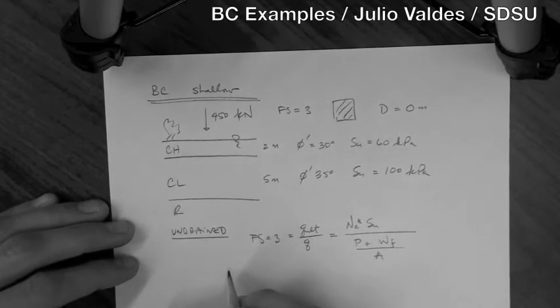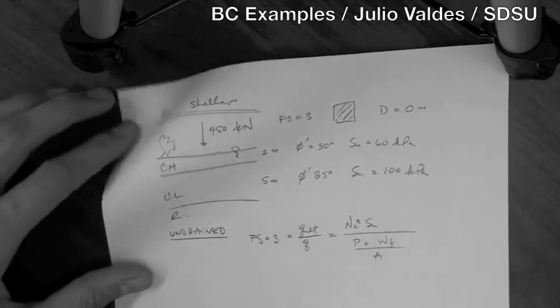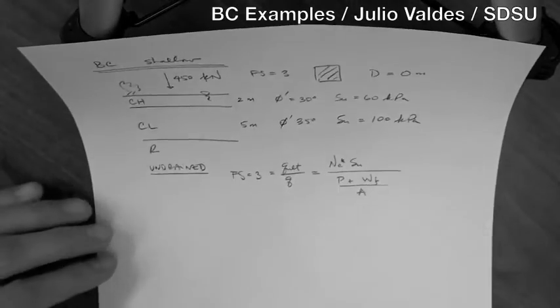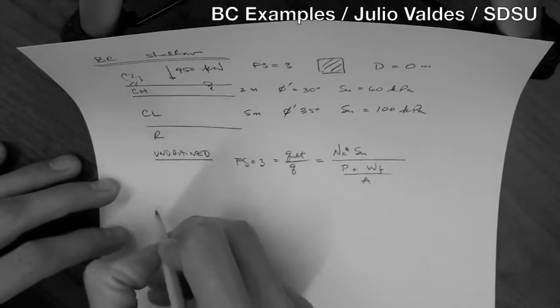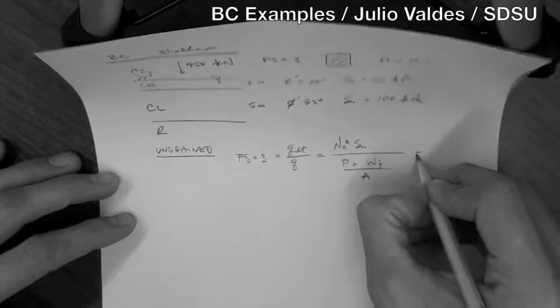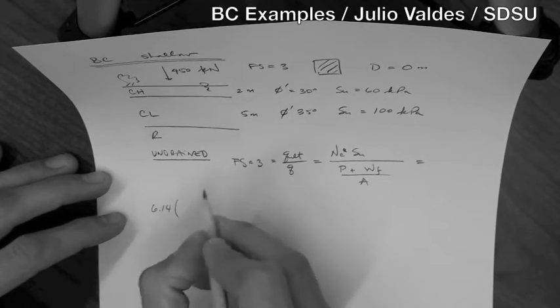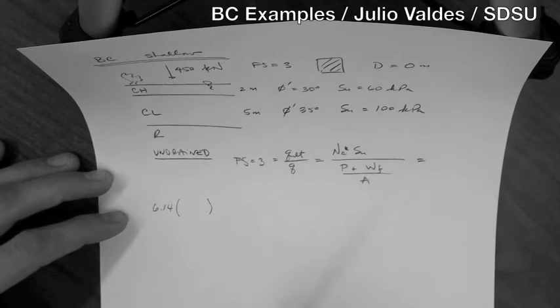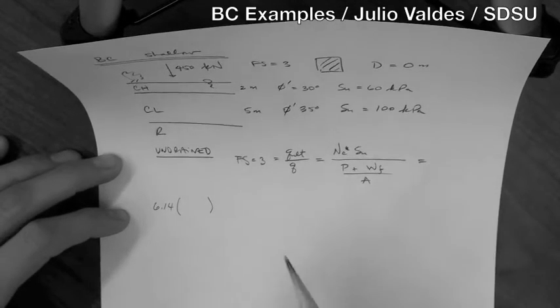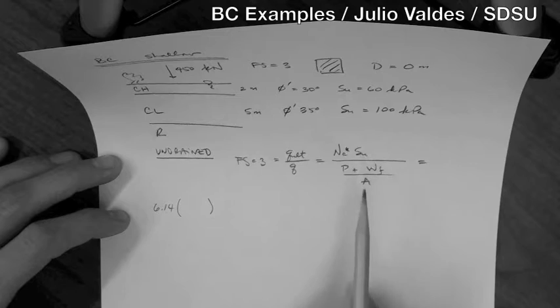So if we keep going, here we have 6.14 times SU, and here's where the first question arises. What SU do we use?